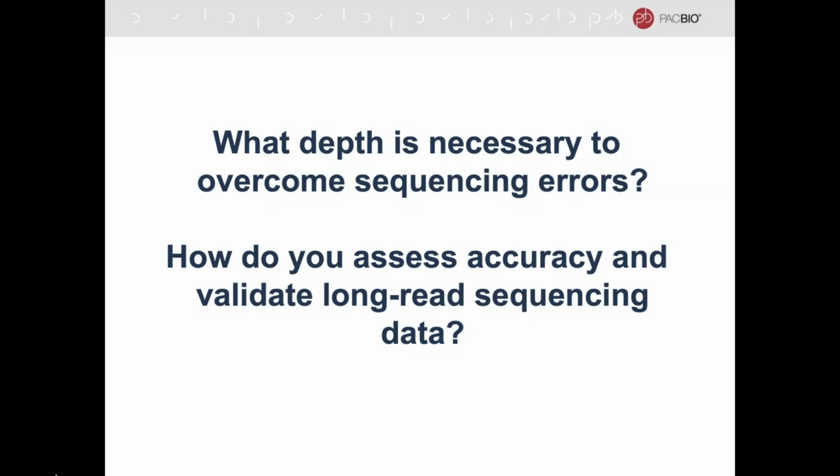As far as looking at the accuracy and validating the long-read sequencing data, upstream of assembly, we've been looking at a couple of things to try to look at the accuracy of the long reads. We have short read data, and we've been looking at trying to do some k-mer analysis to look for things that might be artifactual.